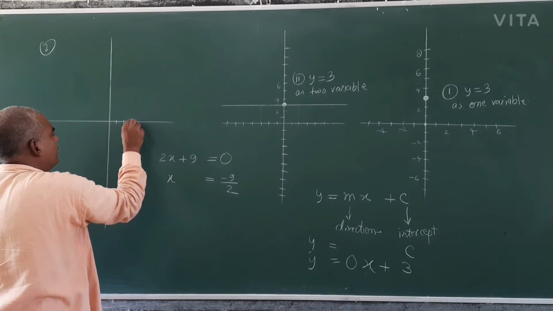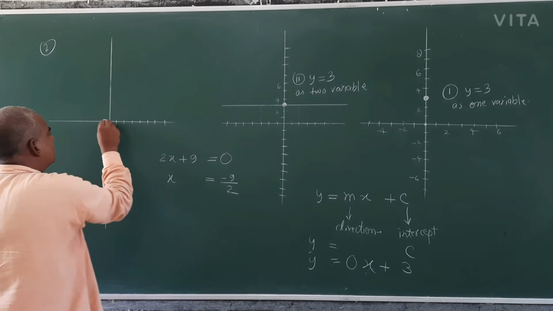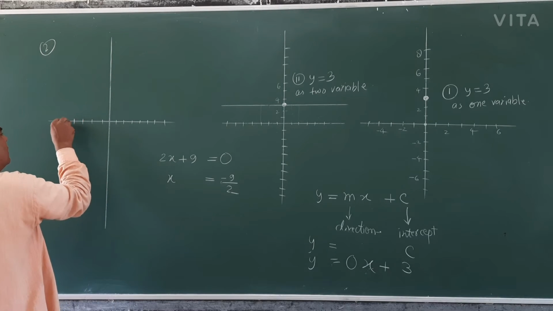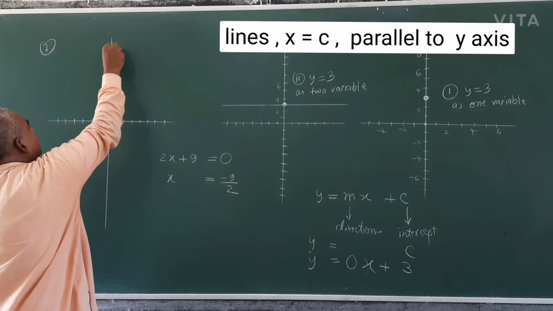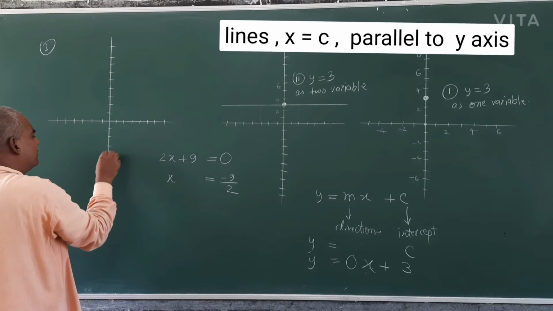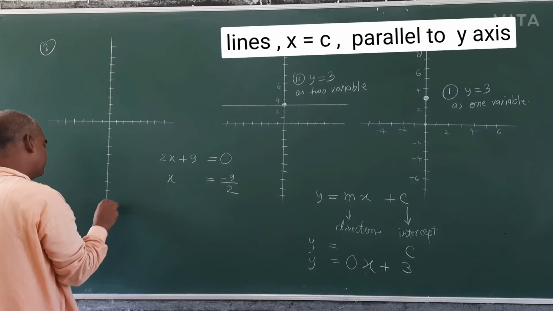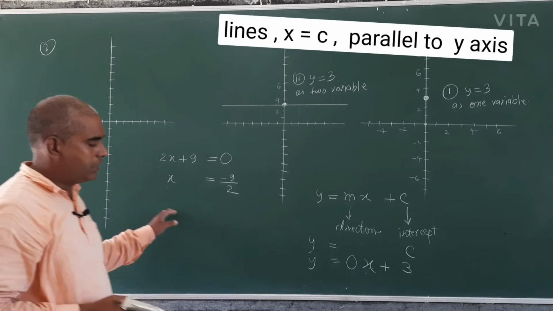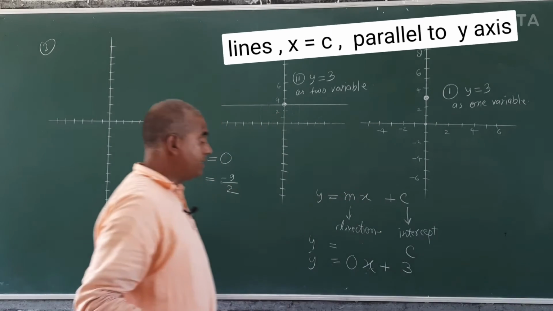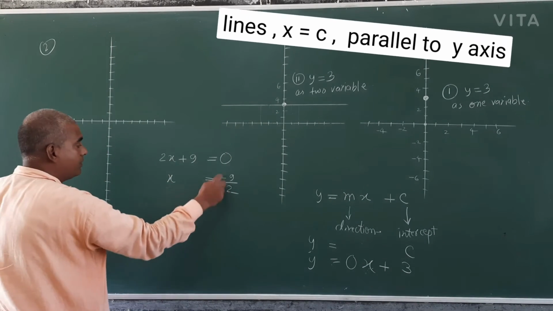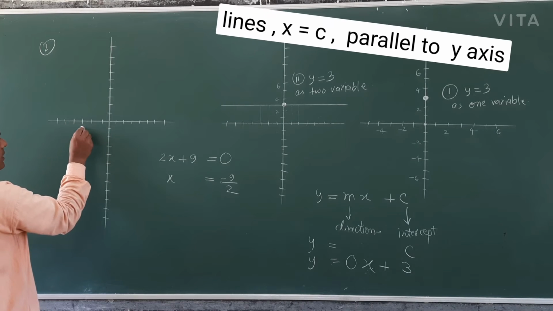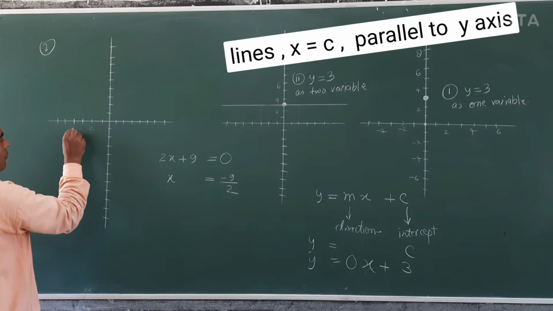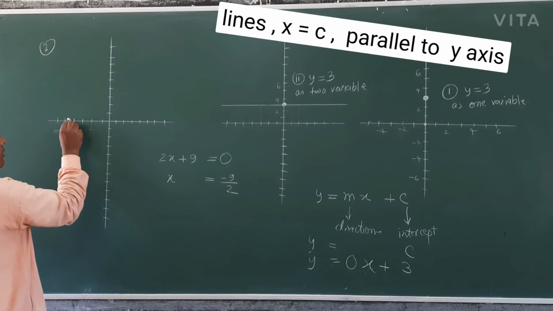So x equal to minus 9 upon 2 means minus 4 and a half. This is minus 4 and a half. 1, 2, 3, 4 and 5, means this is 2, 4 and 6, 4 and a half.